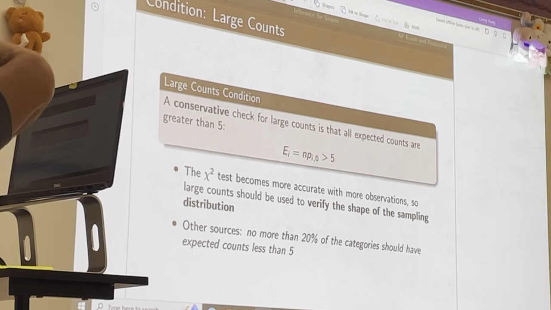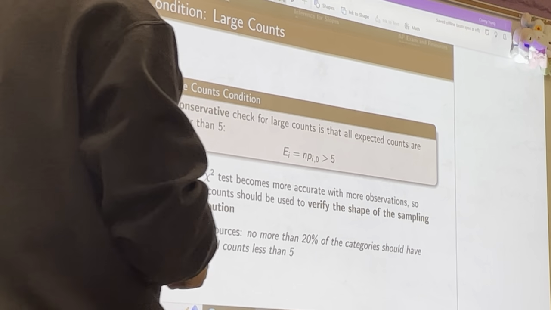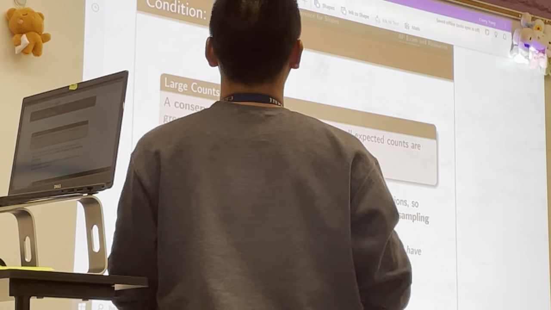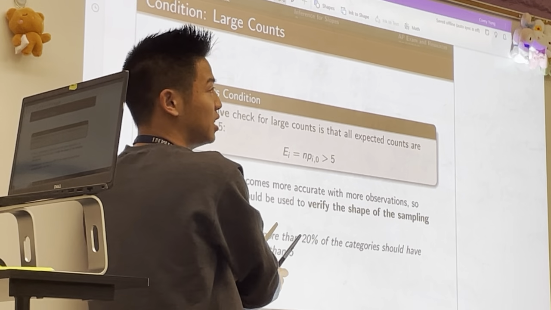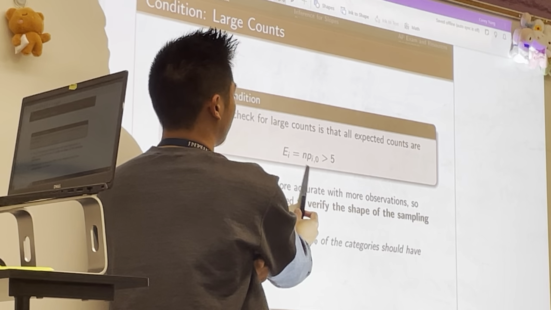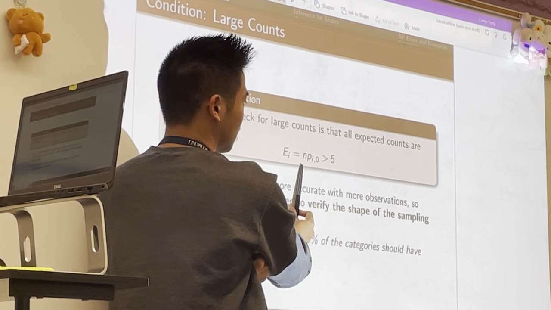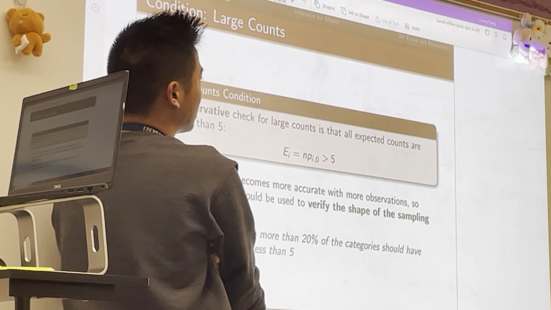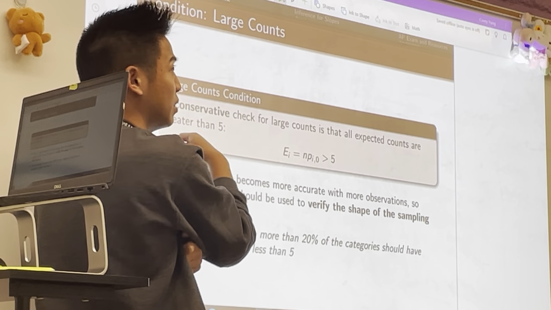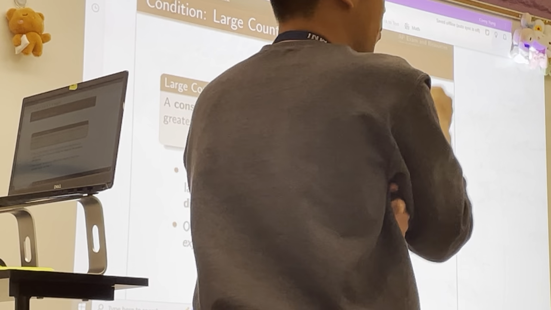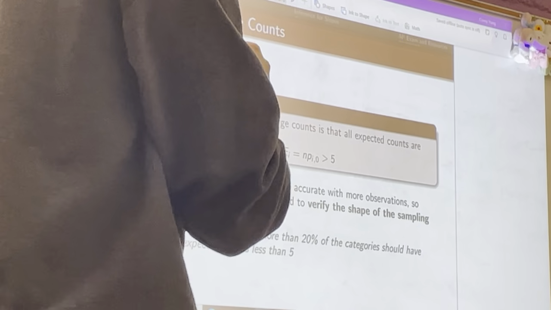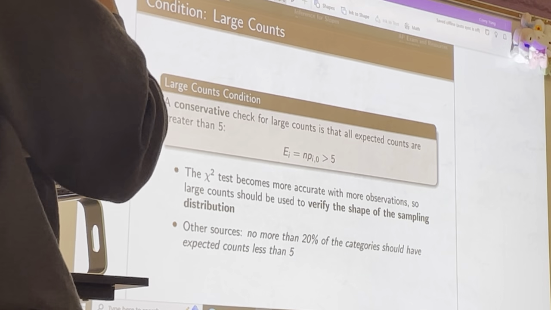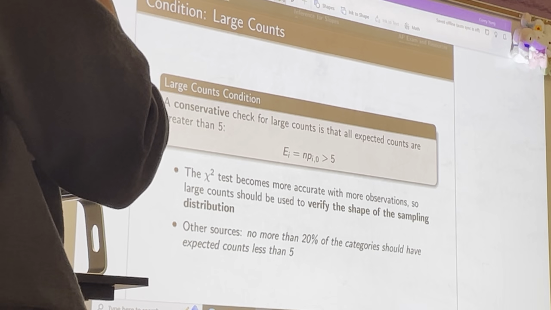So when we have chi-square now, we have something called the large counts condition. And the large counts condition just says that all the expected values that we computed must be greater than 5. Okay? So if you go back to the previous example, it didn't have any numbers, but when you compute the expected values under the null, we should check to make sure that they're all greater than 5. Okay?